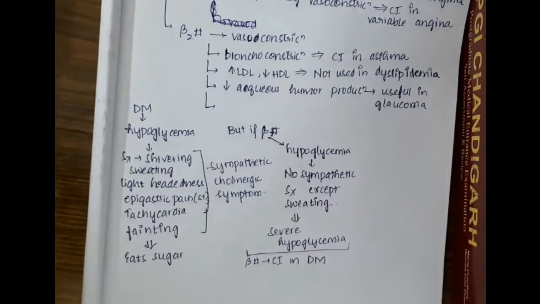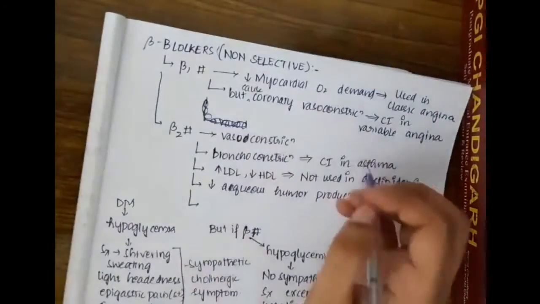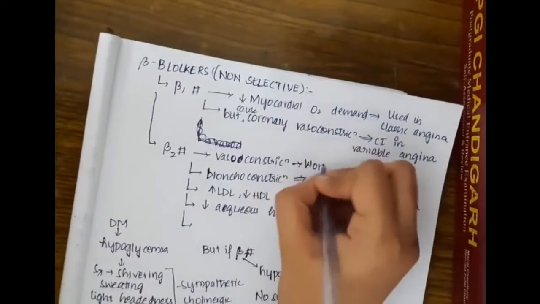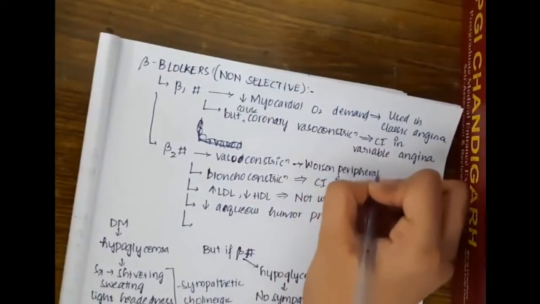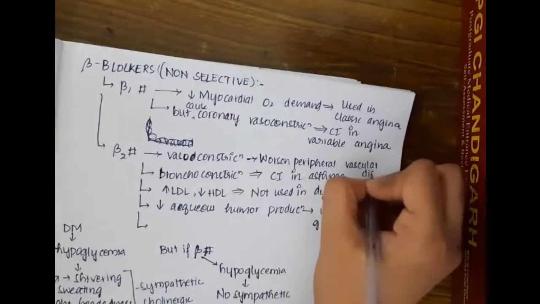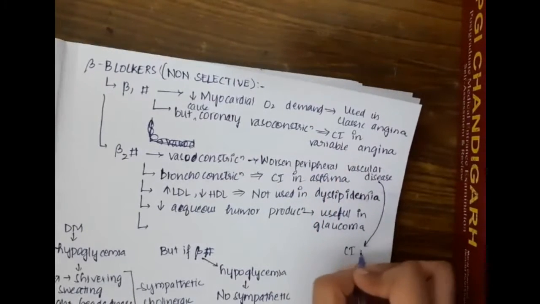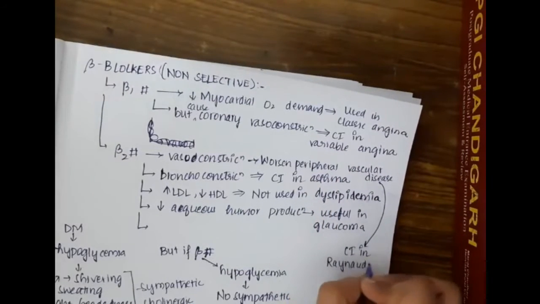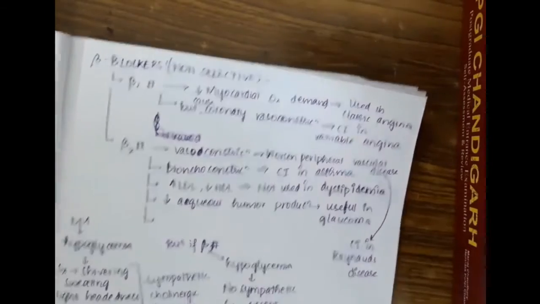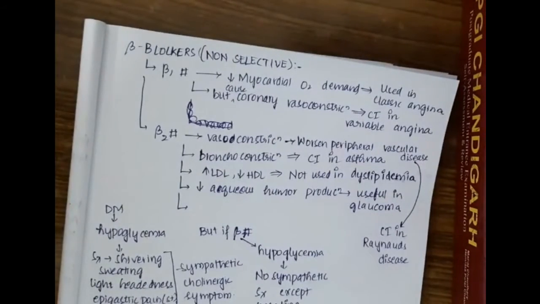That is the reason why beta blockers are contraindicated in patients with diabetes mellitus. Beta 2 blockers also cause vasoconstriction and worsen peripheral vascular disease, and they are contraindicated in Raynaud's disease.